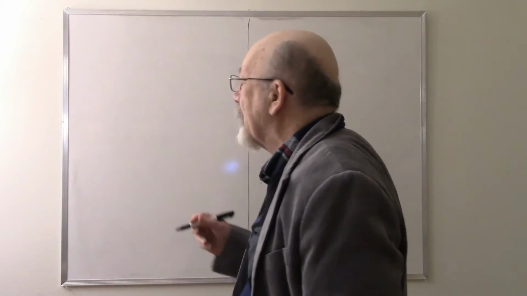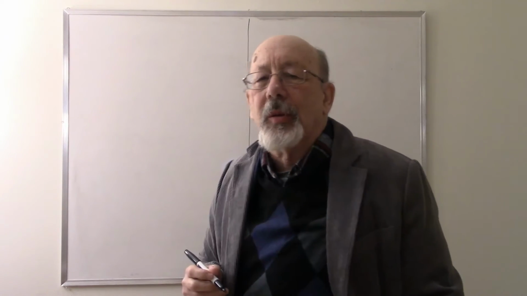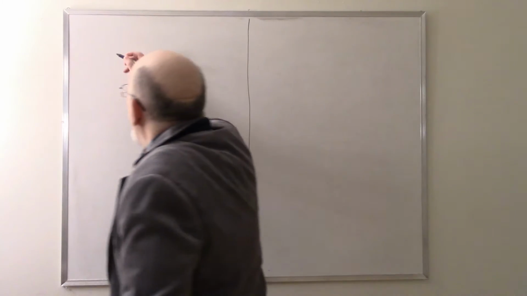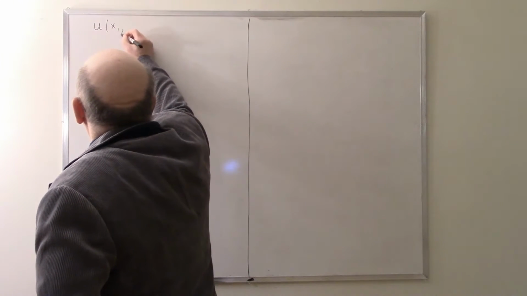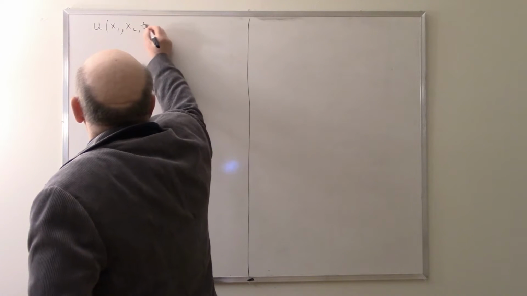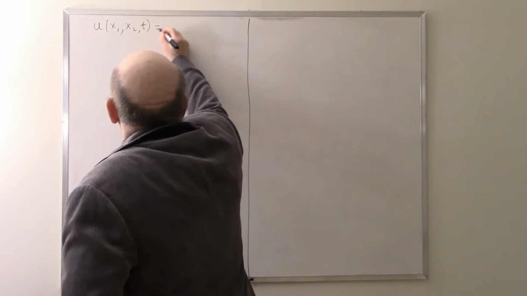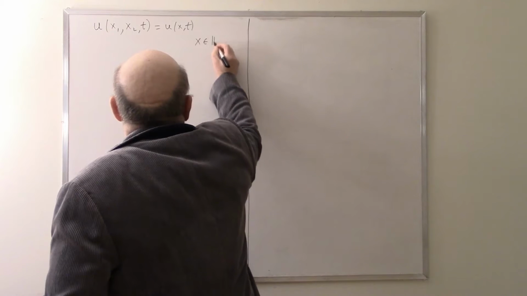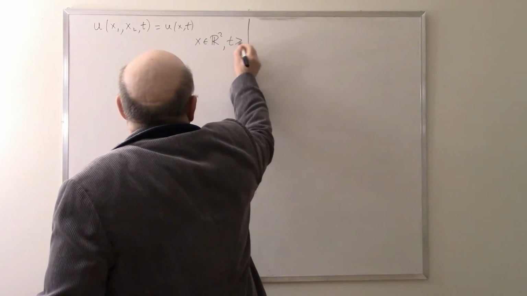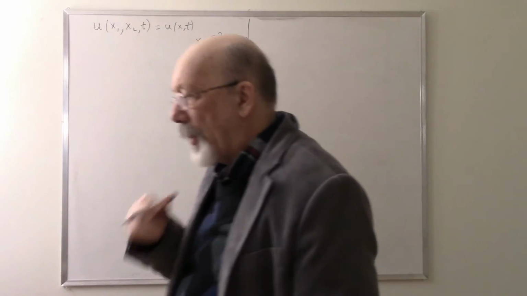Our tutorials. So I wanted to add one more problem about the first order linear equations. Consider the situation where we are looking for the function u of x1, x2, t, equal to u of x, t, with x in R2, t positive, and it satisfies the following equation.